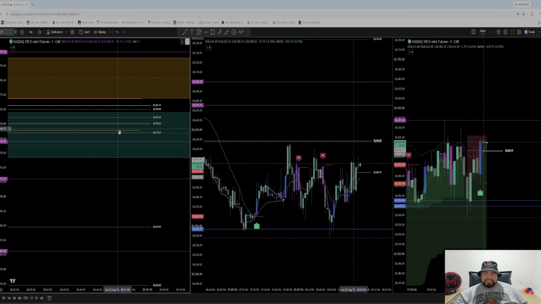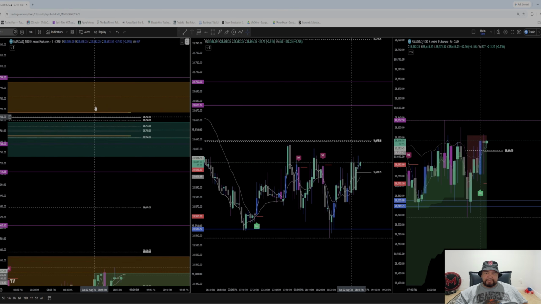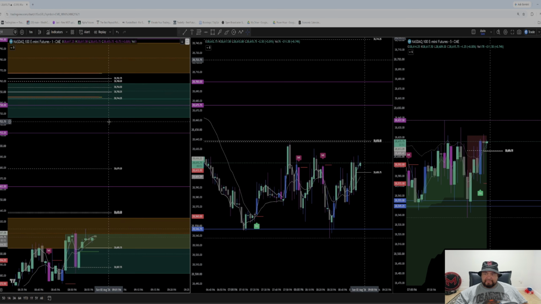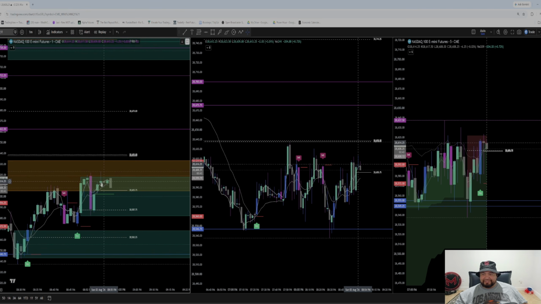You have all those levels up here, and we got that gravity zone up here. This will be an area for potential rejection, unless some insane volume comes in out of nowhere. But right now, it's still trapped. It hasn't broken out of this gravity zone, so we're pulling right back to retest at 605. So I'm not a fan of this setup right here.